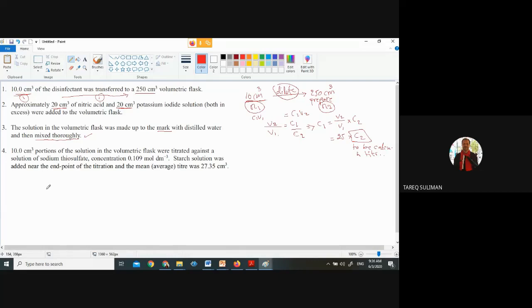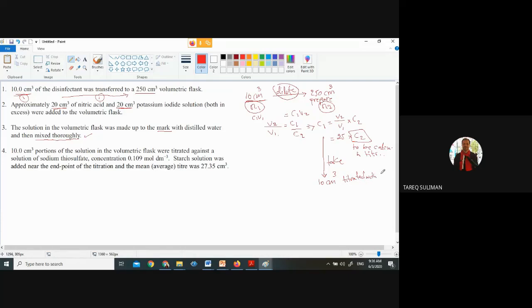10 centimeter cube of the solution is taken. Then we prepare this and we take from this 10 centimeter cube. This is titrated with sodium thiosulfate.